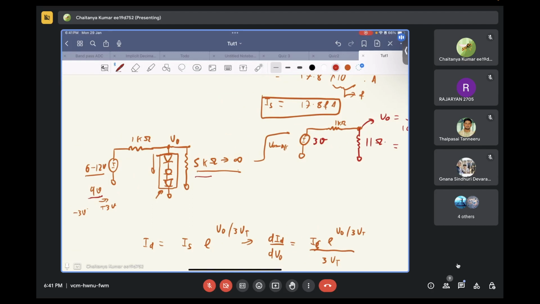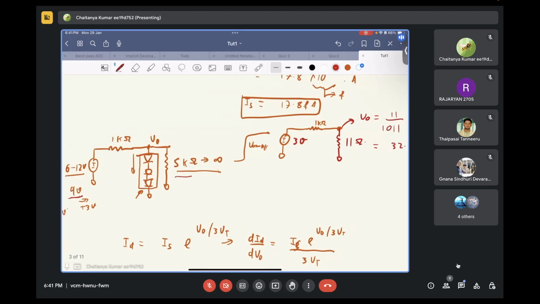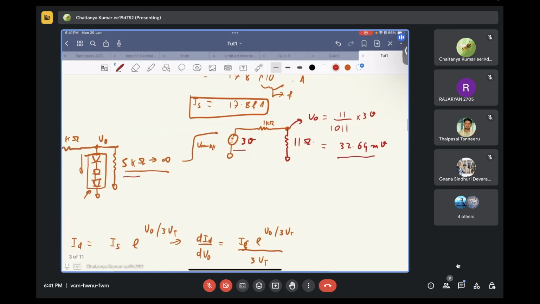Based on that information, we found the incremental linear model of this diode device, and on that we performed incremental analysis by applying an incremental voltage of 3 volts, and found that the incremental increase in output voltage is 32.64 millivolts. This voltage rides over the original biasing point of 2 volts.